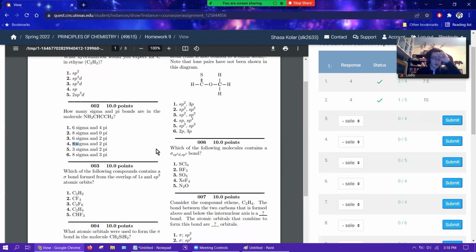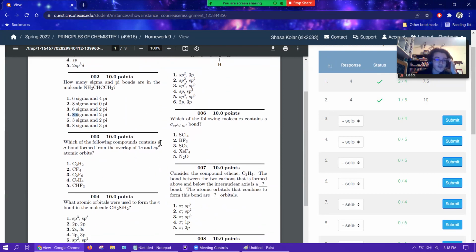So we can go on, and I don't want to go over every single one of these, which are the following compounds. So this one, the trick to this one, I'll explain it real quick, but I'm not actually going to tell you the answer, but you can probably figure it out. So these fluorines, when you do the fluorine, it's only going to have 1 bond to carbon.